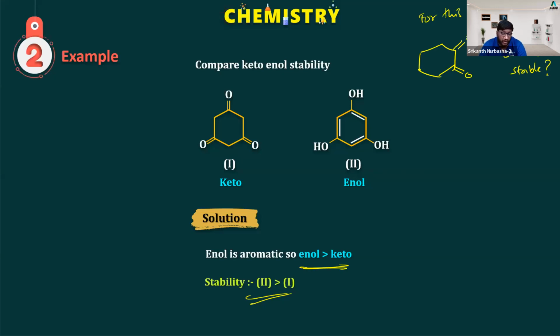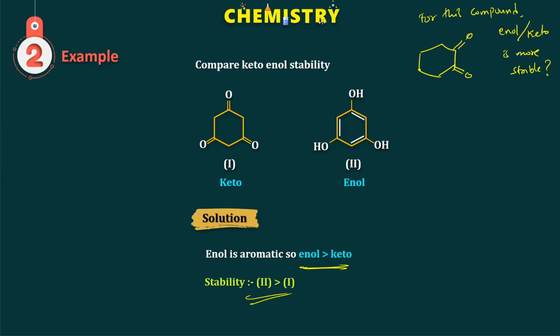Which one is more stable and why? Try to answer this. Keto form is more stable. Why, Faizan? Why keto form?